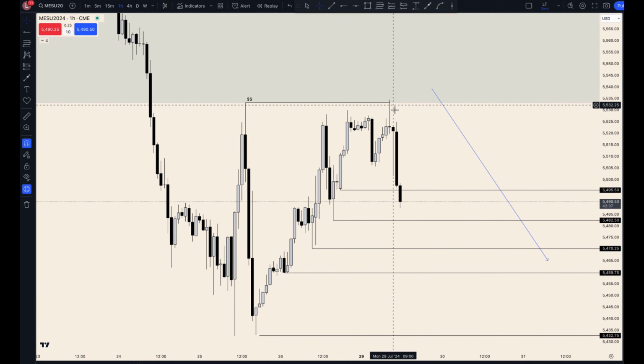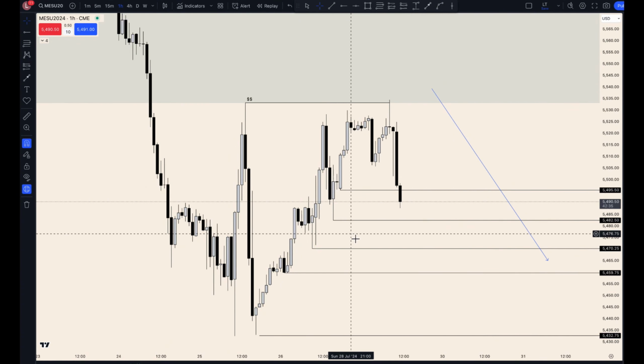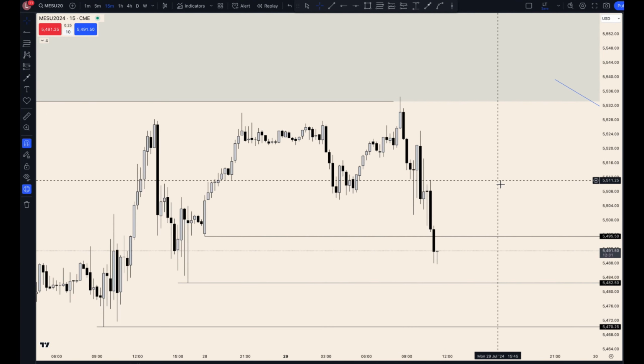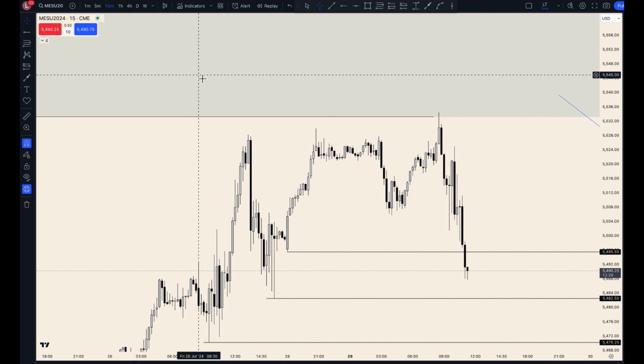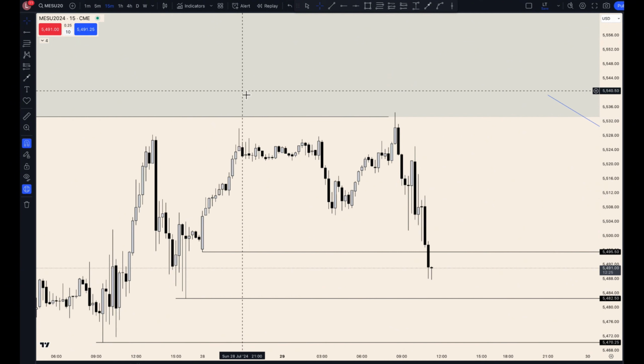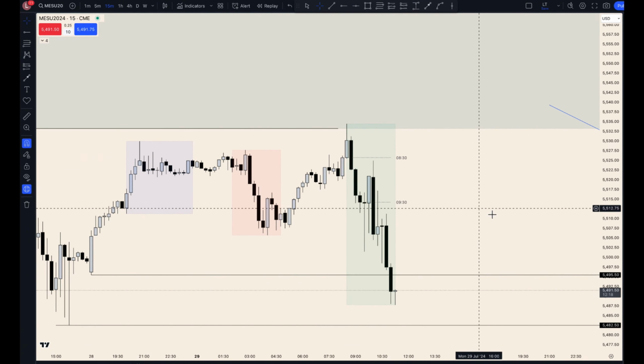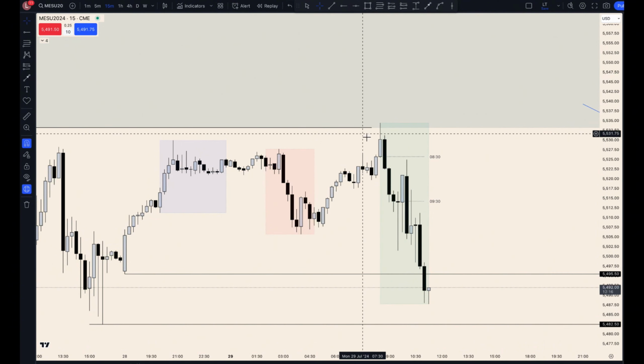So we can see here at 8 o'clock liquidity has been taken, and if you want to be more surgical like I do, what you do is you go down to the lower time frame and see whether there's an entry opportunity.